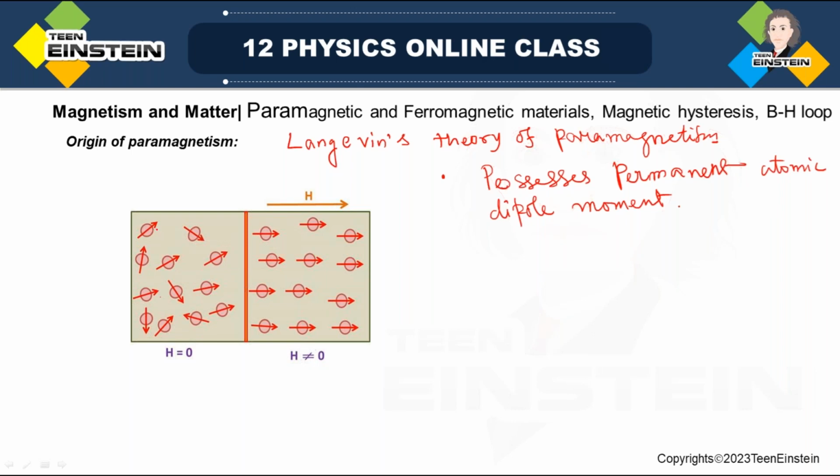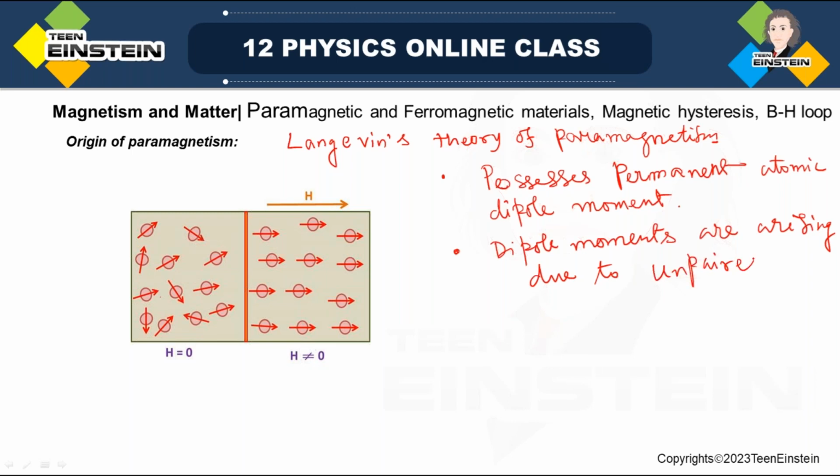And these are permanent. Why are these arising? These dipole moments are arising due to unpaired electrons. This term you will understand later.